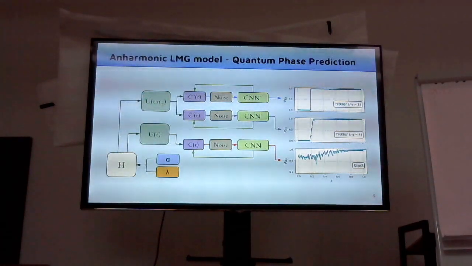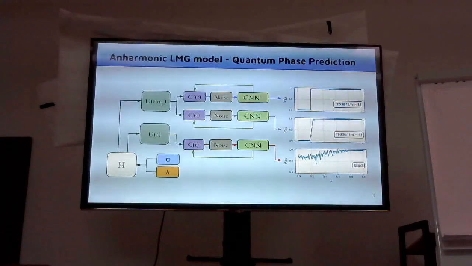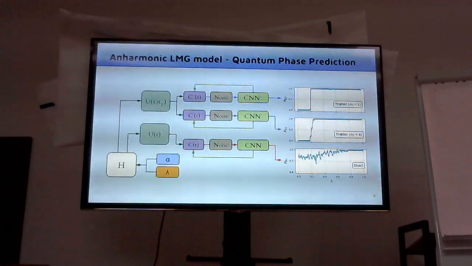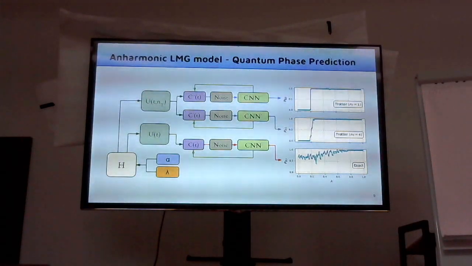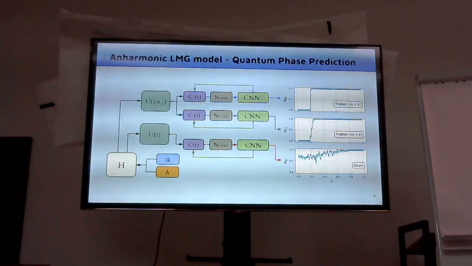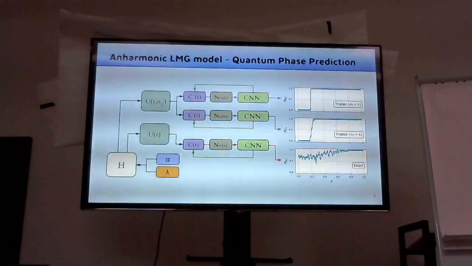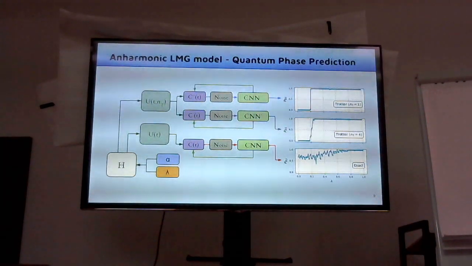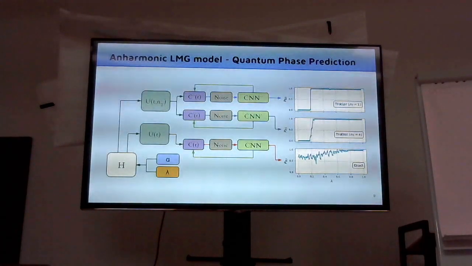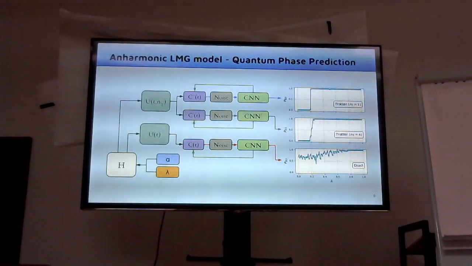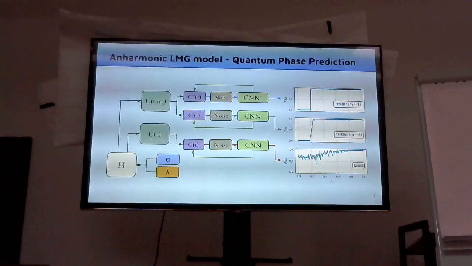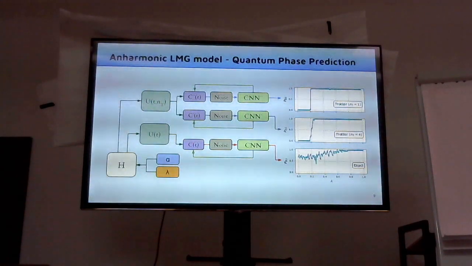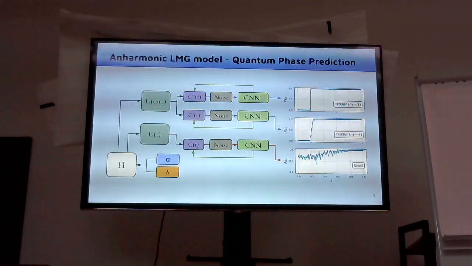Then, in that case, if you take the correlation function in the z-axis, because you can also take it, for example, with sigma x. That's just an observable that we are defining. You can take the correlation function between different sites in different axes. And for example, in the case of the x-axis, it doesn't work as well. So it depends on the kind of symmetries that the system may have.